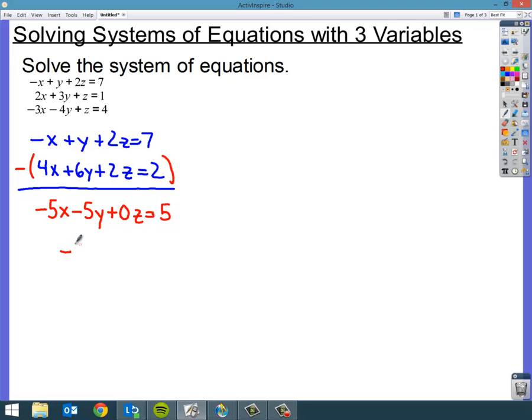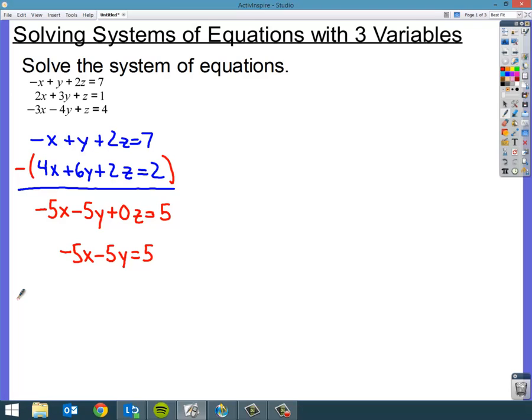If I clean this up just a little bit, I get negative 5x minus 5y equals 5. Some of you might be wondering why, or if it's necessary to show the 0z, and my answer to you would be it's not necessary, but I like to do it just to make sure that I'm adding or subtracting correctly. It's kind of an easy way to check to see if I'm doing everything right. Okay? So I've eliminated z one time.